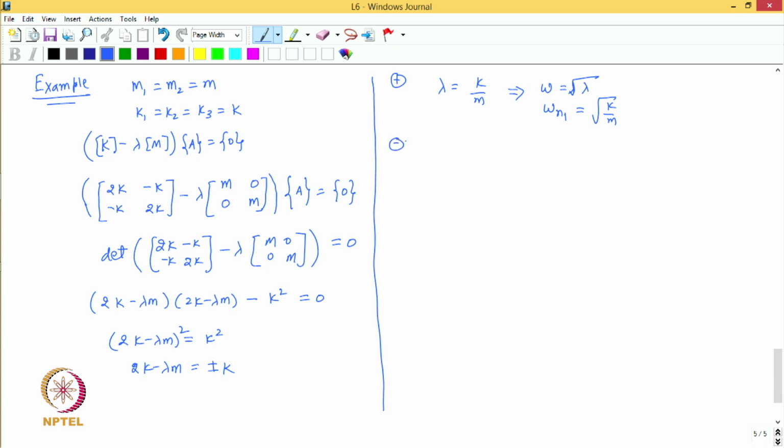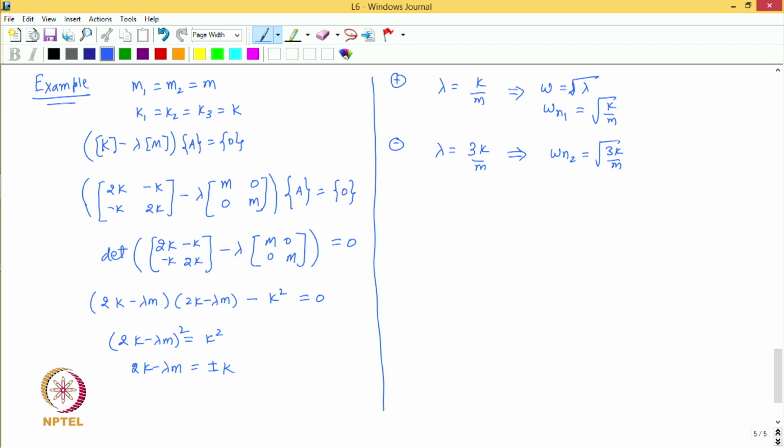If I take the negative sign, then we get lambda is equal to 3k by m, which leads to the result that omega n2 is equal to under root 3k by m. So, in this way we get the two natural frequencies.